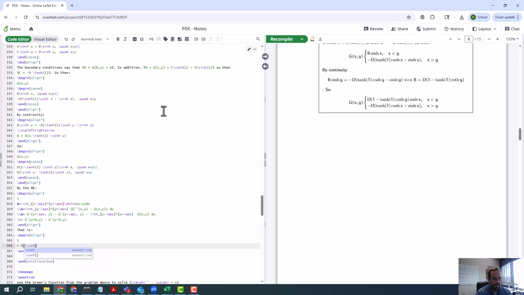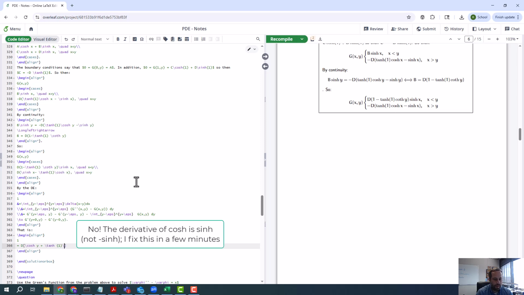So this is going to be cosh y. We plug in x is equal to y. This is going to be cosh y minus tanh of 1. The derivative of hyperbolic cosine is hyperbolic sine. So we're going to get sinh y, and then minus d.